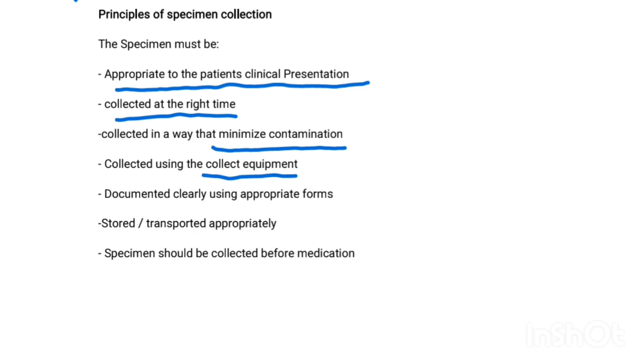We can't use a red top container when we want to collect the blood sample for ESR or full blood count or malaria test. So we make sure that we know the types of containers that we should use, of which I'm going to show you in this lecture.